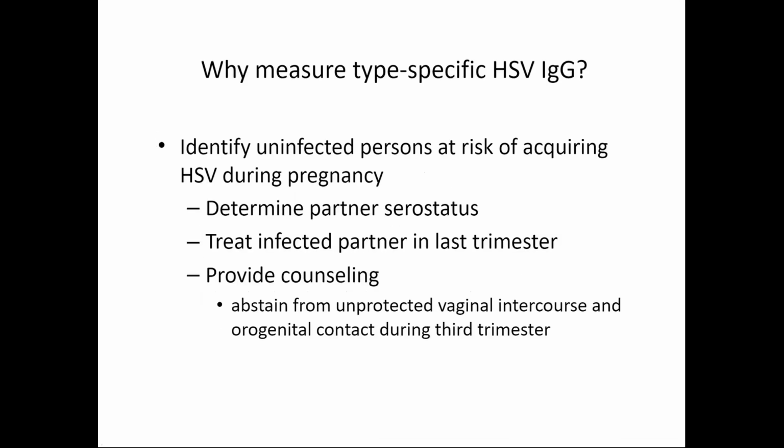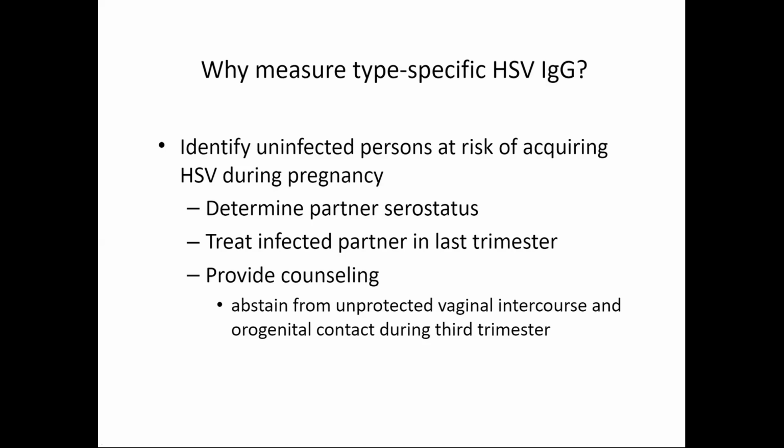Another reason is to identify uninfected persons at risk of acquiring HSV during pregnancy. For this group, you want to determine the partner's serostatus and treat the infected partner in the last trimester and provide counseling. It may be best that this couple abstain from unprotected vaginal intercourse and orogenital contact during the third trimester.